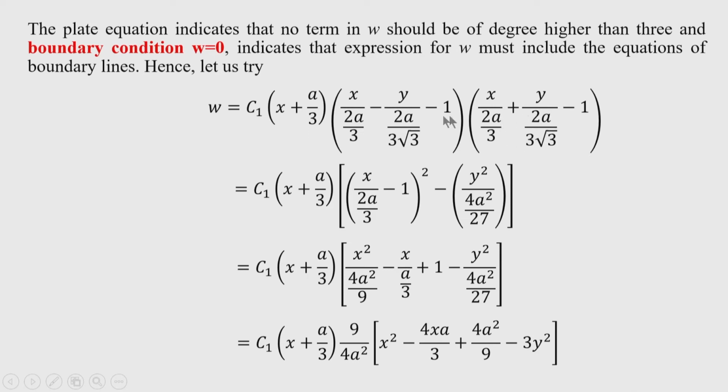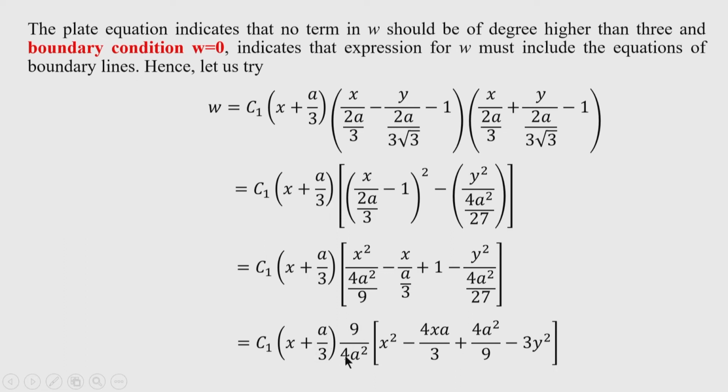So, that means a plus b into a minus b; if you apply this formula, you will get a square minus b square. I have written like that, and after simplification one can write the expression inside the third bracket as this.